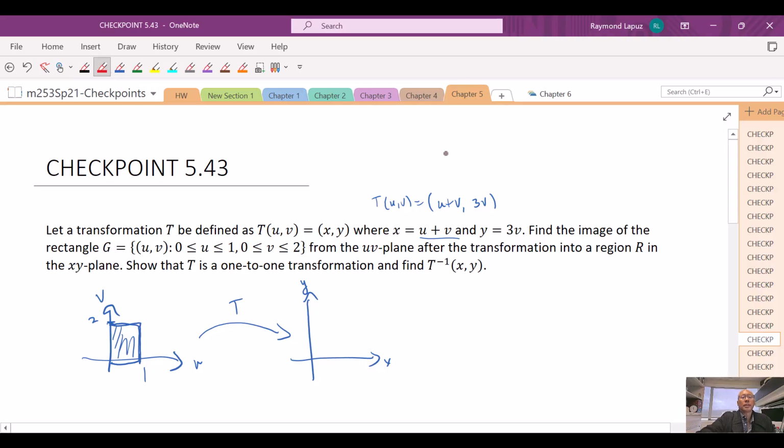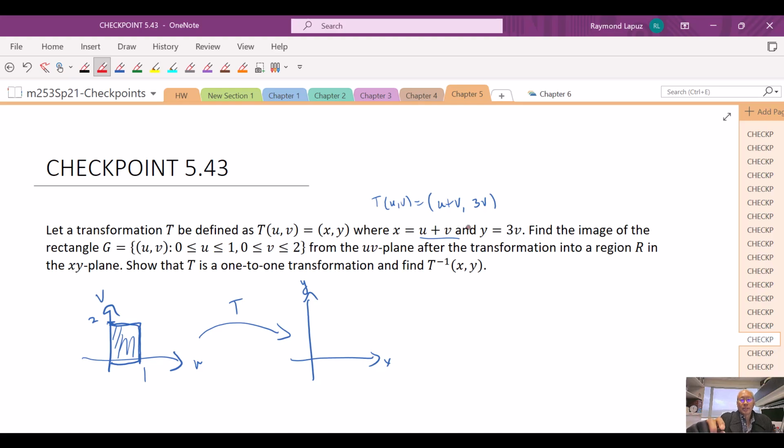Standard things to do. First of all, I'm looking at this and saying they're all linear. This is great news, which means this rectangular region is also known as a parallelogram, and parallelograms get mapped to other parallelograms for these types of linear transformations. We're touching a little bit on linear algebra.